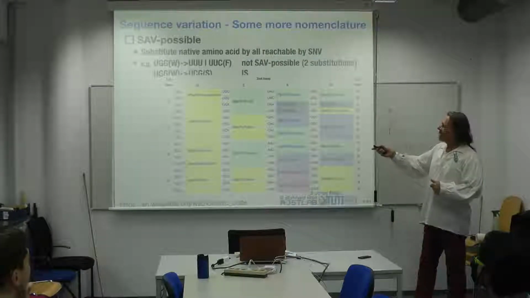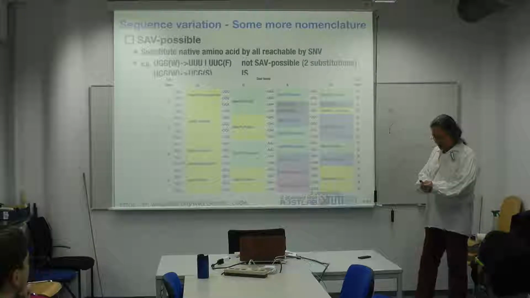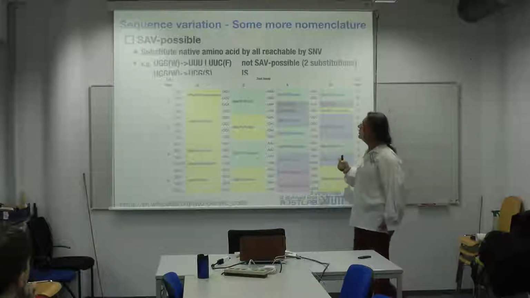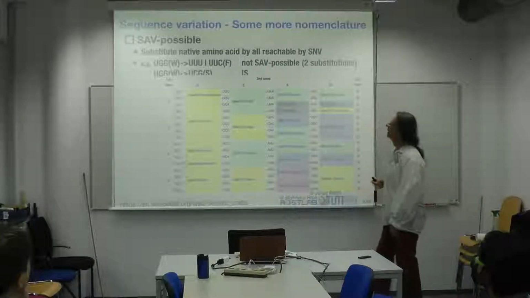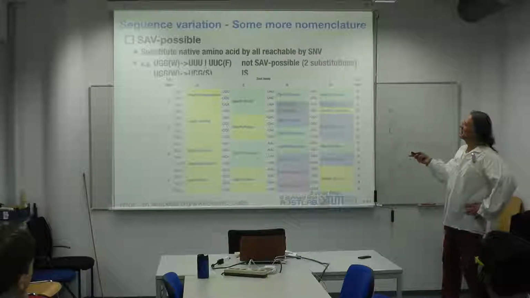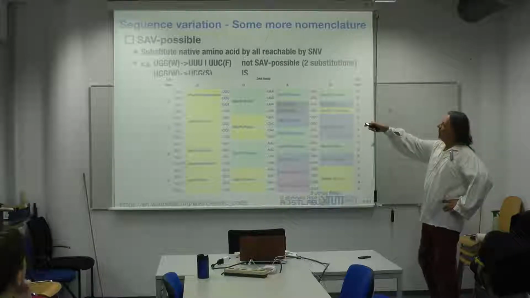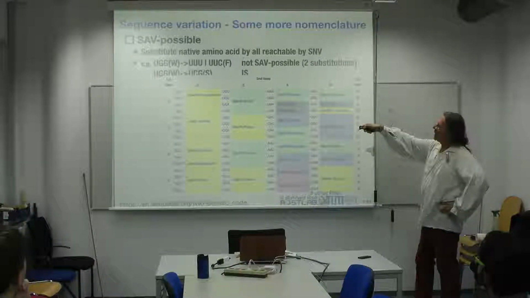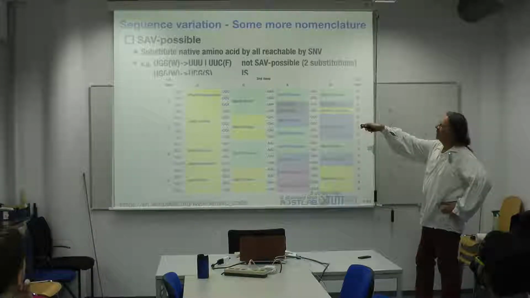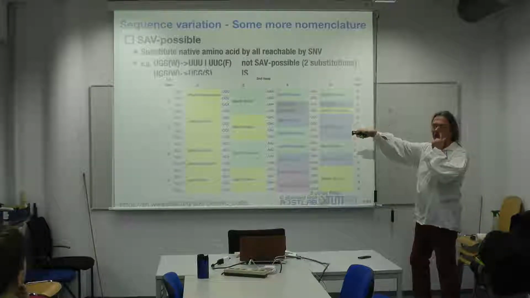Now, SNV possible, I mean those are changes where a single nucleotide change leads to another amino acid. I'm sorry for the slide here, for the overlap between these two pictures. So let's look at the codon UGG that happens to code for a tryptophan.